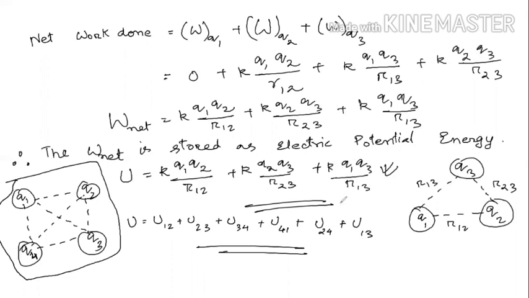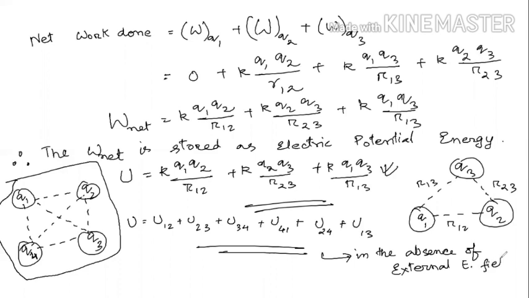Okay, but remember, this potential energy we are able to find is when you are not applying any external electric field. See, here we have not applied any external electric field, so this is the case in the absence of external electric field.